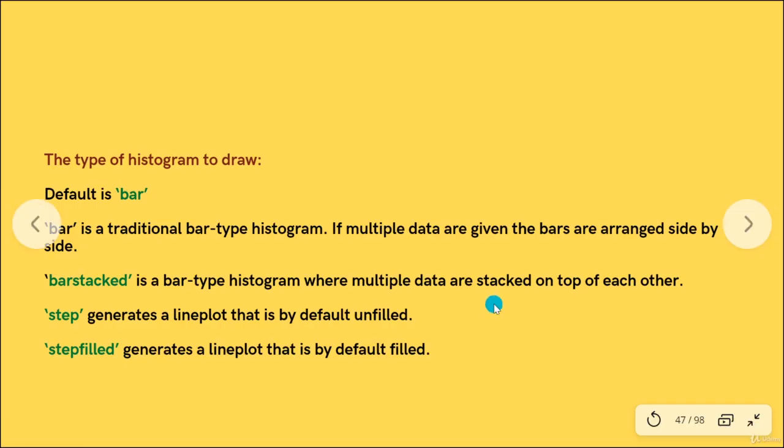Similarly you can try step filled, you can try bar stacked. There are 3, 4 options that you can try, or you can customize your histogram accordingly. Again it depends how you want to present your data, or in what type of customization you feel that your data is highlighting better. That totally depends upon you who have to present the data or understand the data.